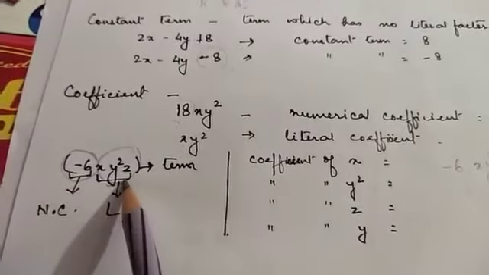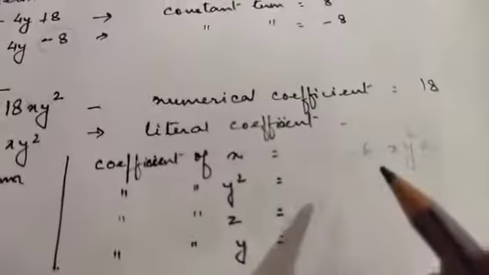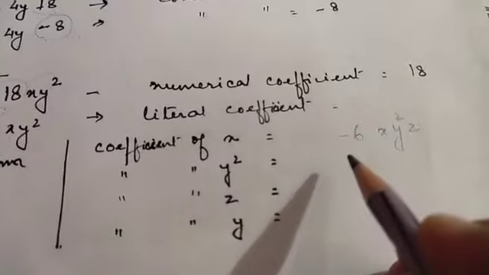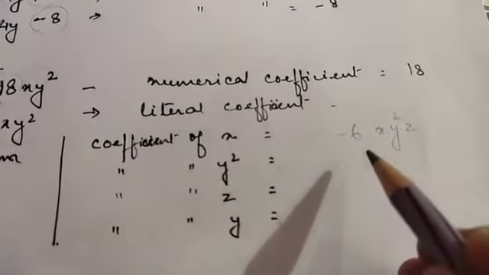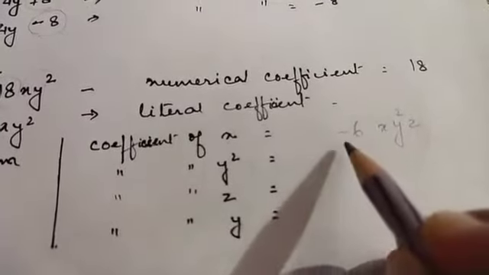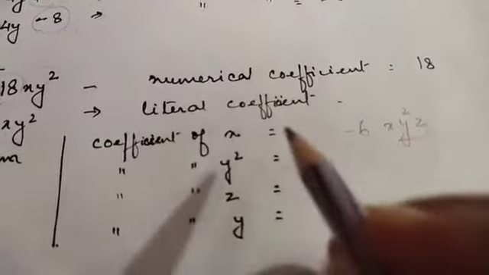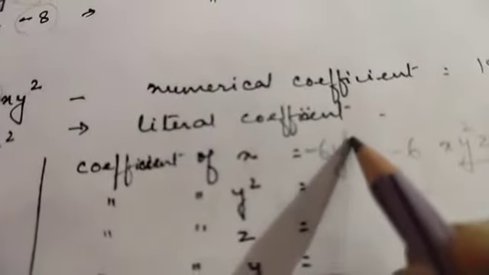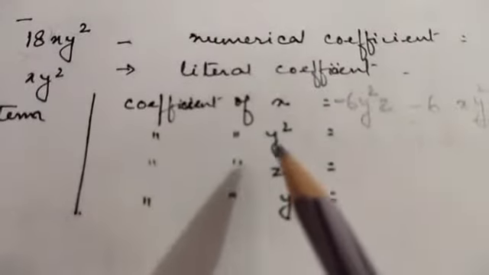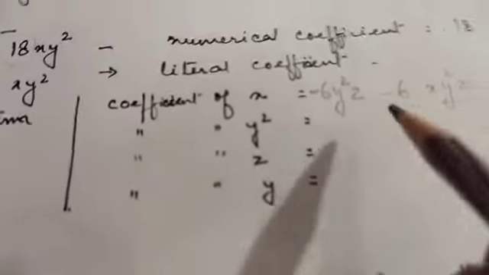When I write coefficient of x, what do I have? I have minus 6 y square z remaining. So it will be minus 6 y square z.